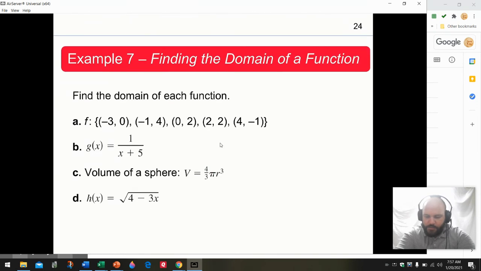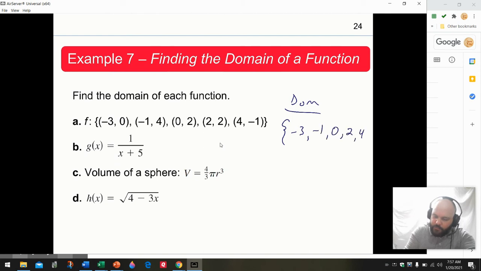So this particular example asks you to find the domain of each function. It's very simple. If you have ordered pairs, you're simply going to list all of the x values. Let me show you how you do that. You do a squiggly bracket, and then you just list the x values. So that's the domain for the first one. Now for the second one, we need to determine what x value is not allowed to be put in there.